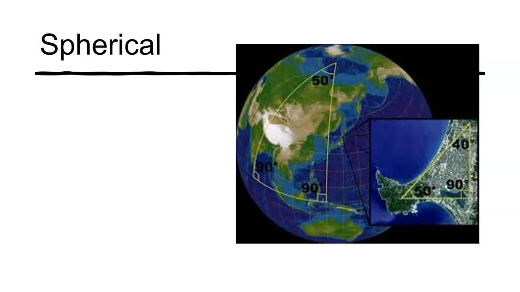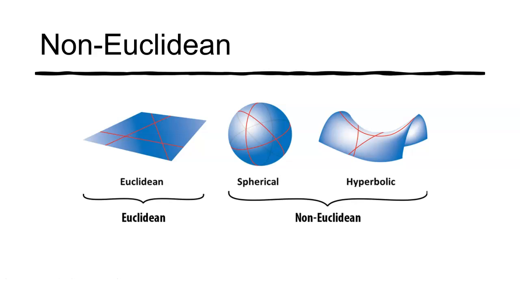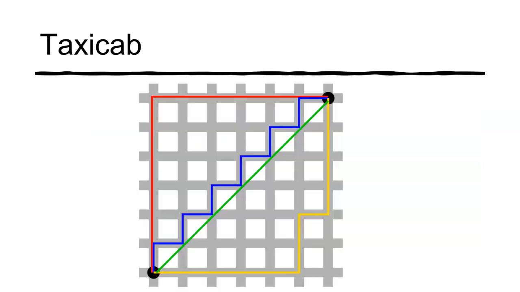Spherical geometry is very interesting in that you can have a triangle with two 90-degree angles on a sphere as long as your triangle is big enough. The reason that we use Euclidean geometry is because if you're in a very small portion of a sphere, it basically behaves like a flat plane. But Euclid decided that he was going to use a world where the plane is infinitely flat rather than a world where we live on a sphere. He probably didn't know we lived on a sphere anyway.